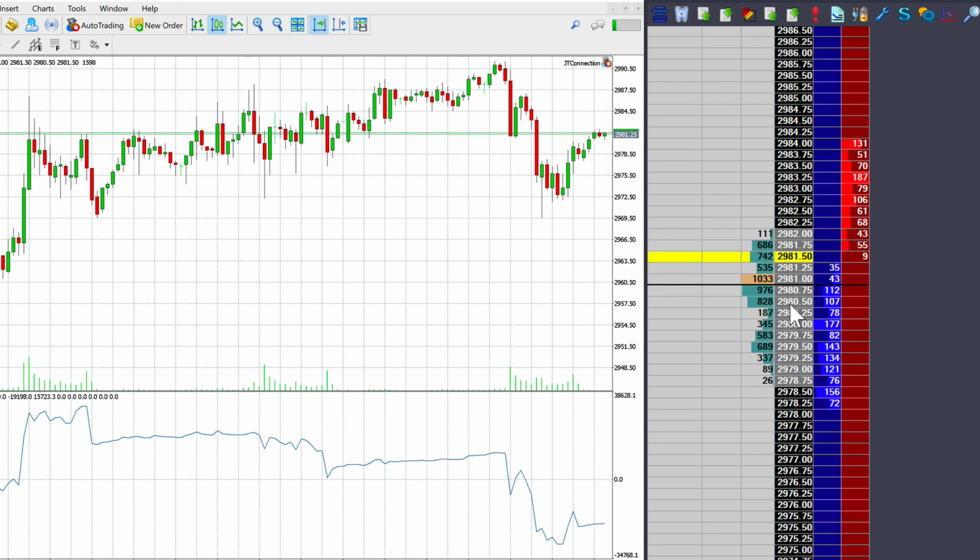So what we would be looking at here, if we assume this was regular market data, is a range. We've been trading in this range, let's say from 29.80.50 to 81.75. This is our range where most of the volume is.